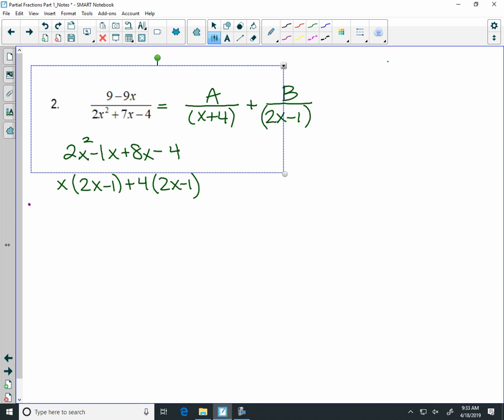So I got x plus 4 and 2x minus 1 as my denominator, so that's how I'm going to break it up.